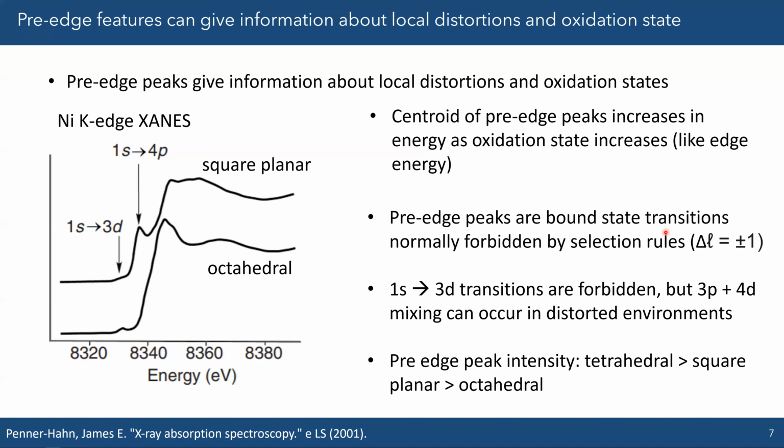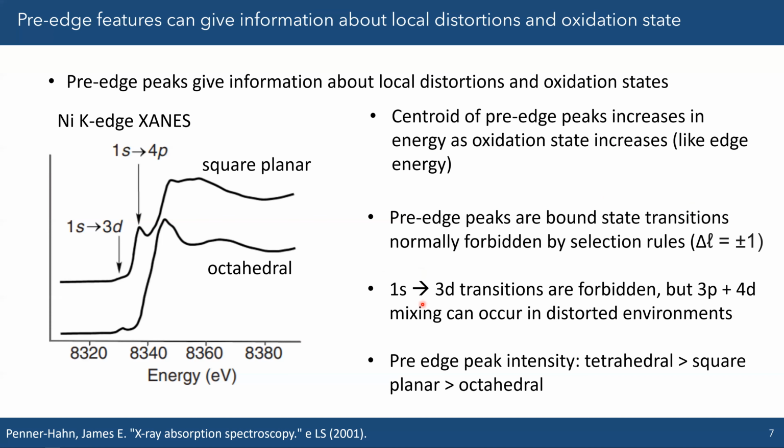So you can only go from an s orbital to a p orbital, or a p orbital to a d orbital, but you can't go directly from an s to a d orbital, because that's going from L equals 0 to L equals 2. So normally 1s to 3d transitions are forbidden.